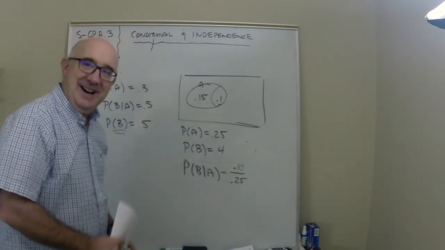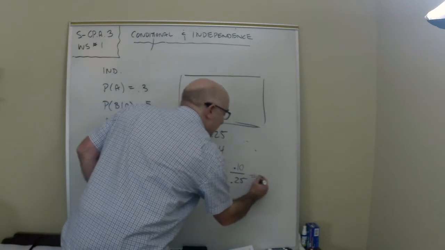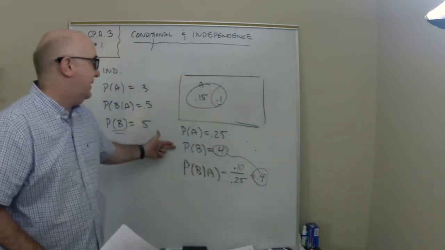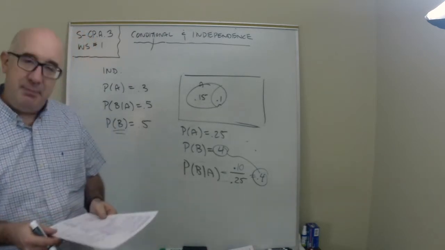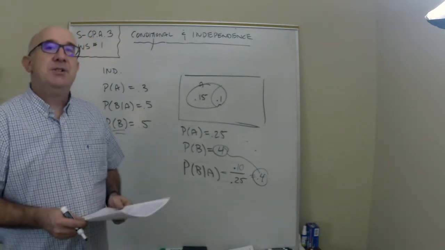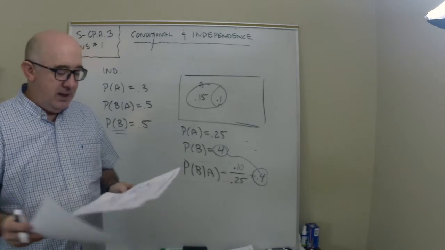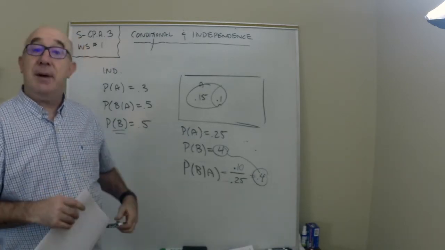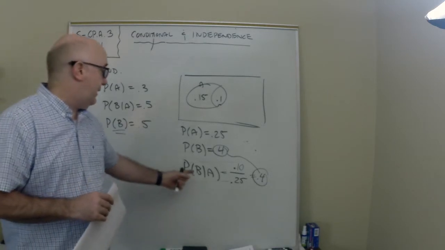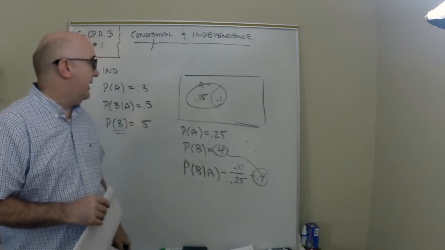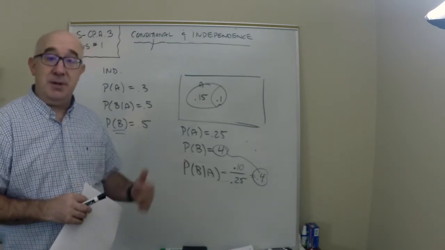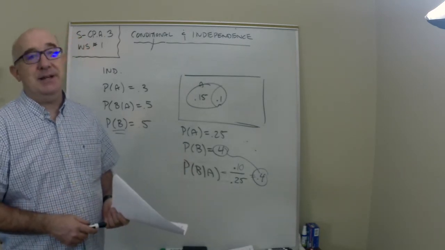If you simplify that out, you get 0.4. And so the probability of B is the same as the probability of B given A. So there are now two very important tests of independence. One is about the conditionality of the relationship, and the other is just simply about the multiplication of A and B to get the A and B, okay?